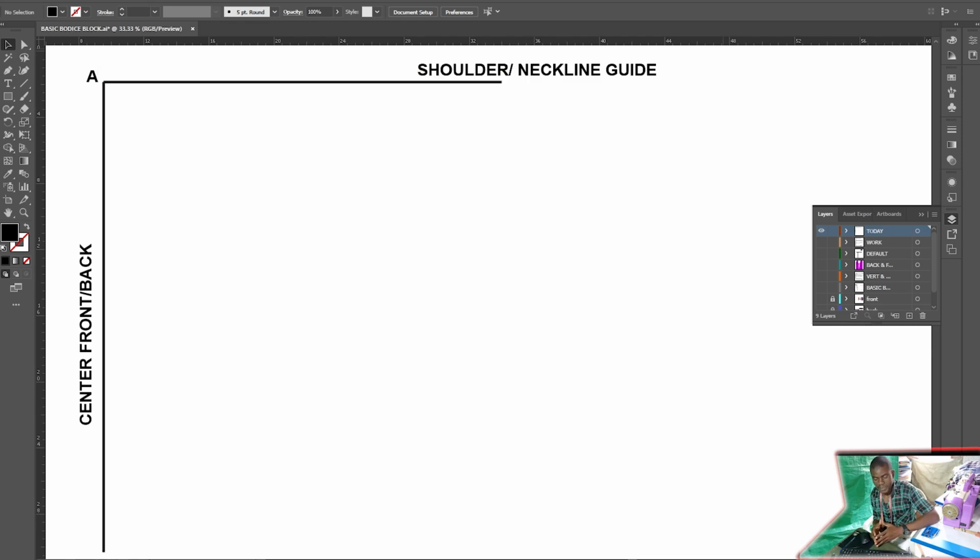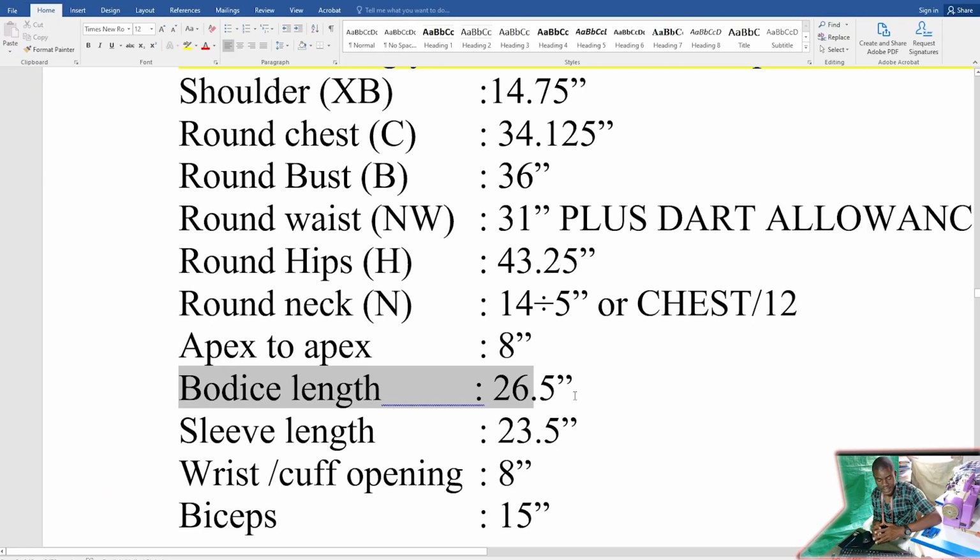Now, we are finished determining one vertical line and one horizontal line. The next step is to determine other horizontal working lines for our basic bodice block. First, we are going to insert the hip line height or the basic bodice length. For this tutorial, our basic bodice length is 26.5 inches.